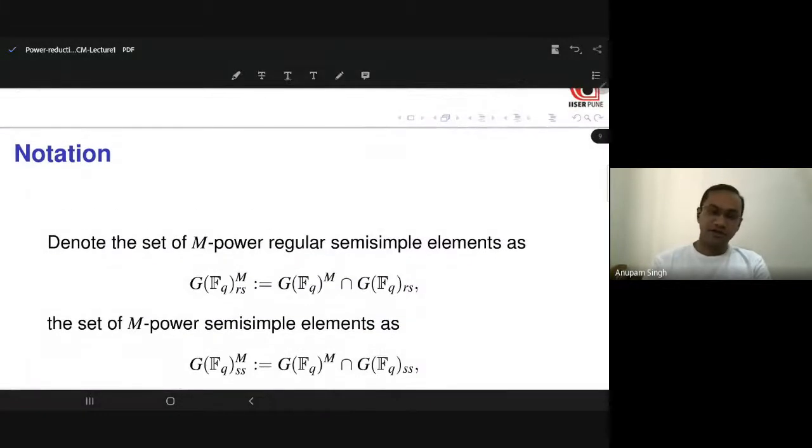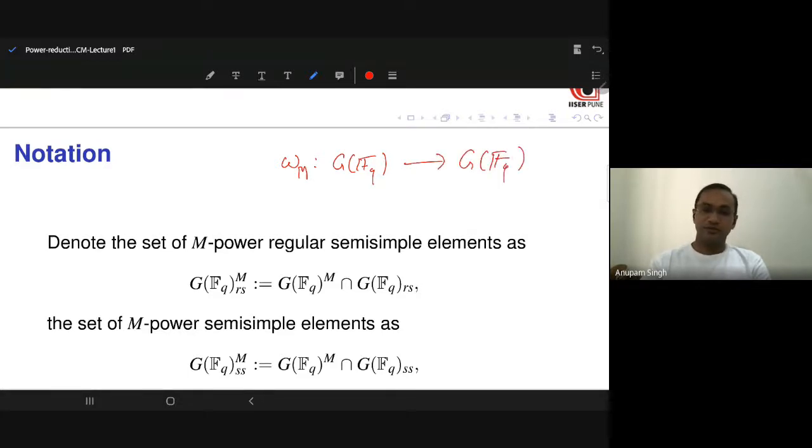We are trying to look at the power map at the level of G(Fq), and G(Fq) has certain kinds of subsets: the subsets of semi-simple elements, regular semi-simple elements, and regular elements, right? So I want to know whether I can get one of these kinds of elements in the image.